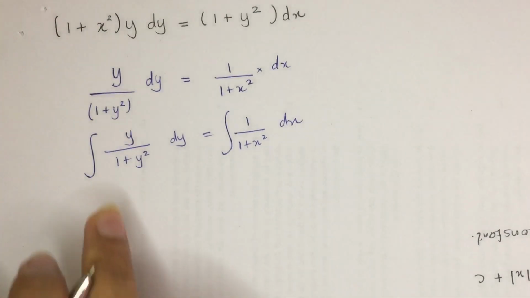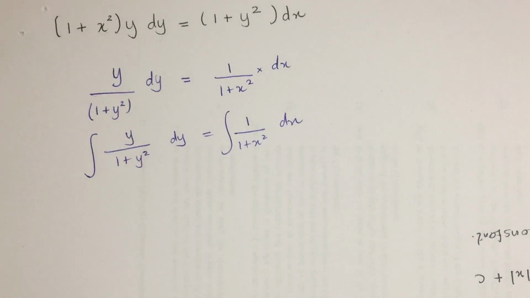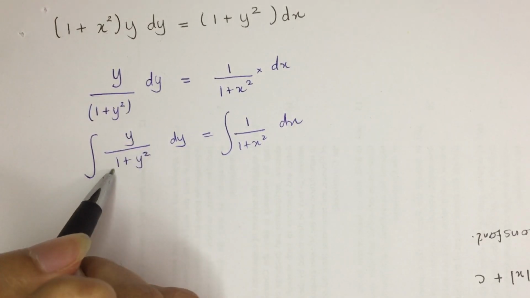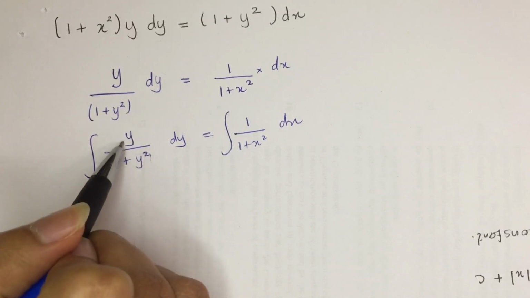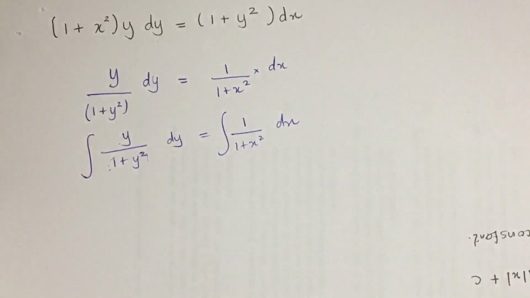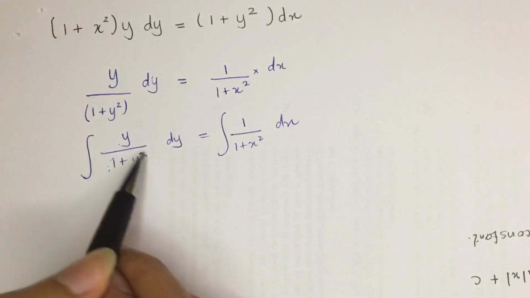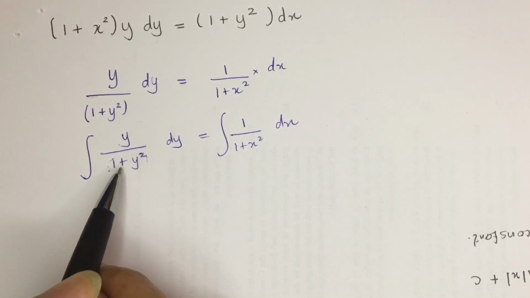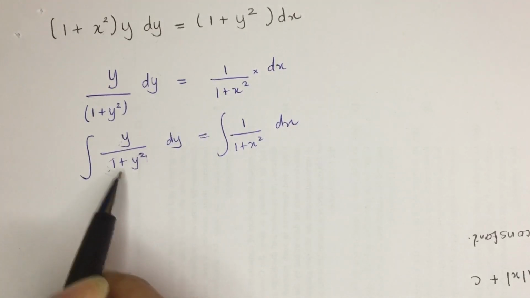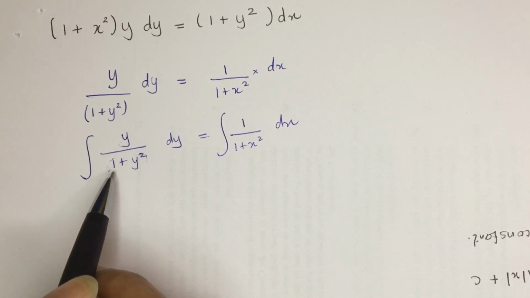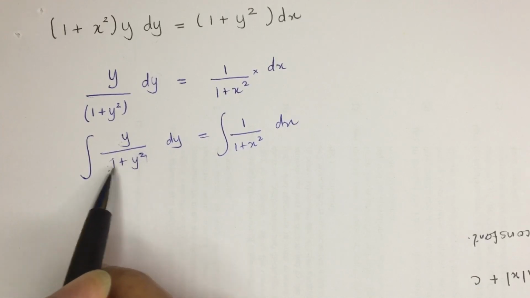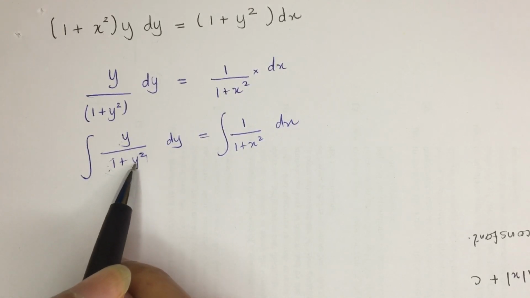So the question is, how are we going to integrate this? In the previous video I already mentioned that if you see a function of x in the denominator and the derivative of that function in the numerator, you can directly integrate it and write it as ln mod of f of x. However, if you differentiate 1 plus y², you get 0 plus 2y, but here we only have y.